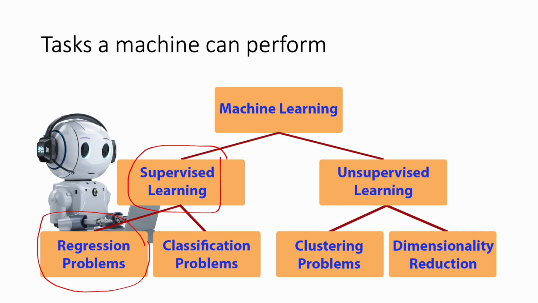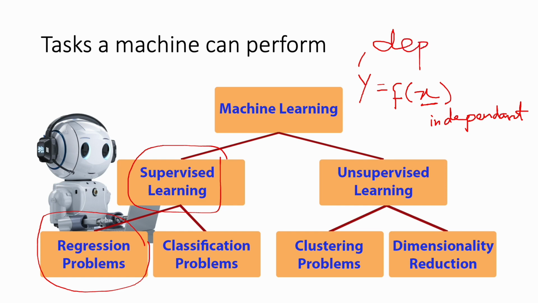And regression problem basically means that we will have something like this: y is equal to some function of x, where x is the independent variable and y is the dependent variable. So this is what the machine will try to predict for us based on the values of x what we will give to the machine.